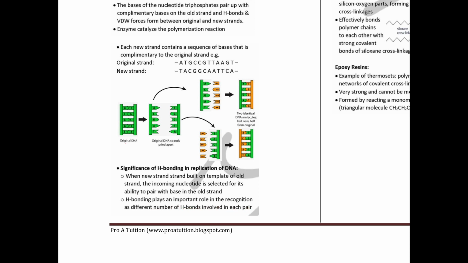So hydrogen bond is important here because they will pair up accordingly. Okay, so we settled DNA already. How they replicate, you have to know, and which one is monomer, which one is polymer, you have to know. Okay, so we settled this, and now let's move on.